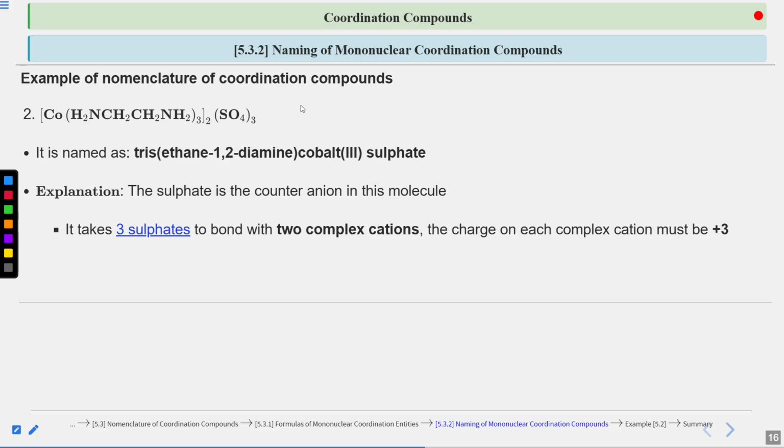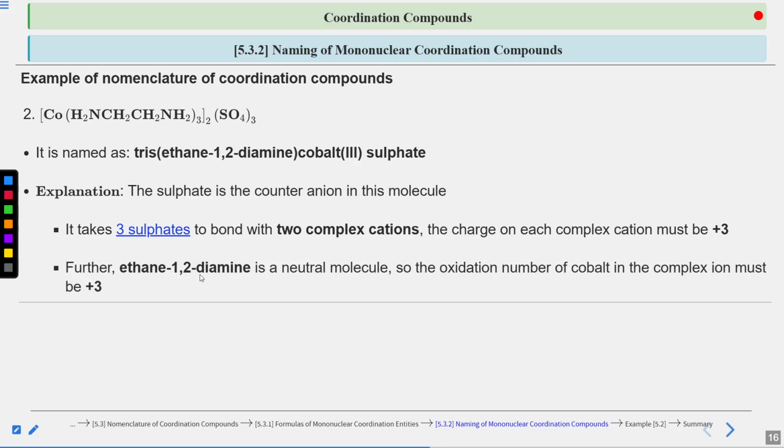So when it is going to be removed, it will give a positive charge to the complex. So 3 sulfate is bonded with the 2 complex cations, okay, that means the charge on each of the complex must be +3.